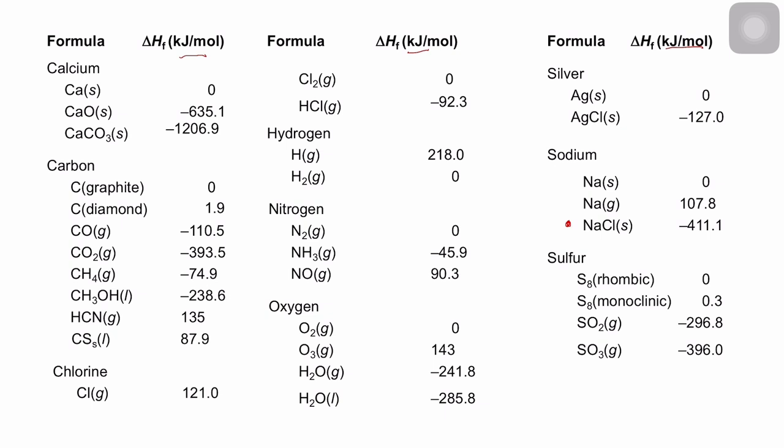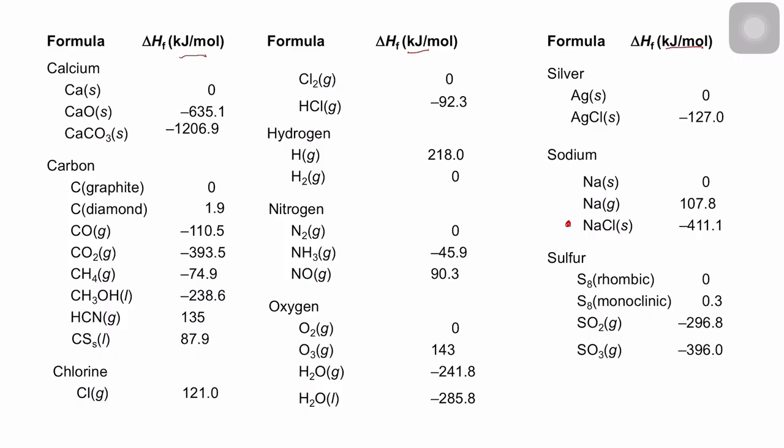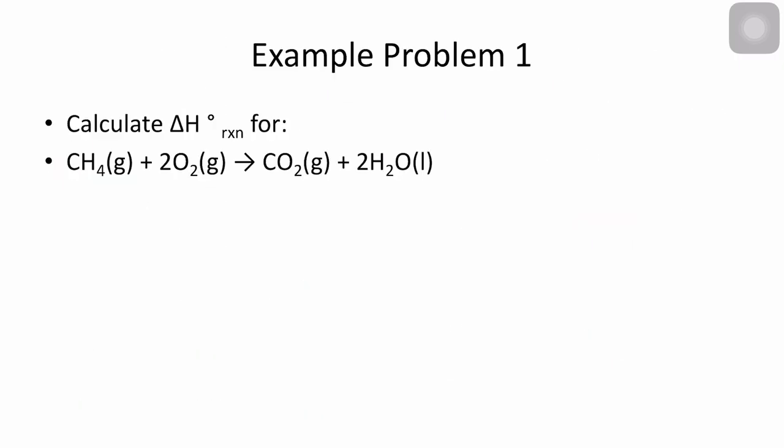So we'll use the following values in solving for the standard enthalpy of reaction using this formula. And don't forget, before using the coefficients or the number of moles, it should be a balanced reaction. So let's start with the first example.